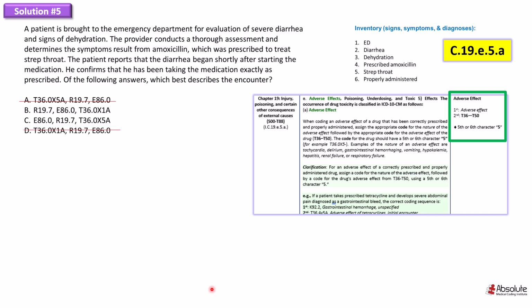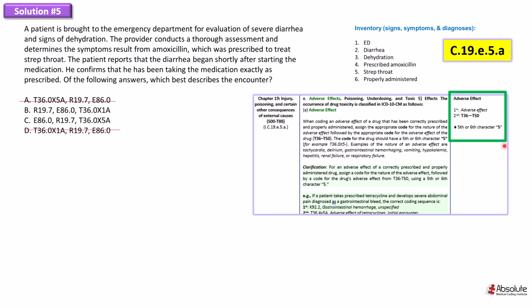Now, coders, if you knew this guideline, and this is the one that I want you to remember, if you remember adverse effect, coders, you will love these poisonings and adverse effects. Number one, and I'm saying only remember adverse effect. Remember the sequencing, that you're going to sequence your manifestations first or your adverse effect first, followed by the T code.